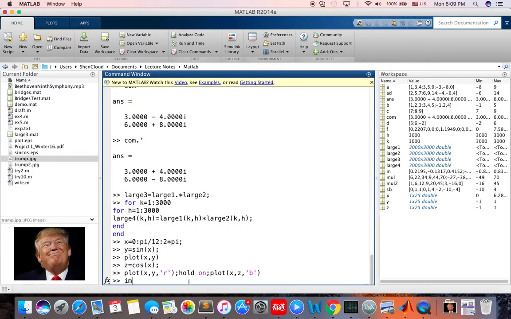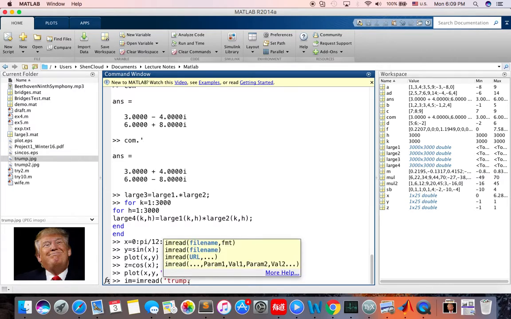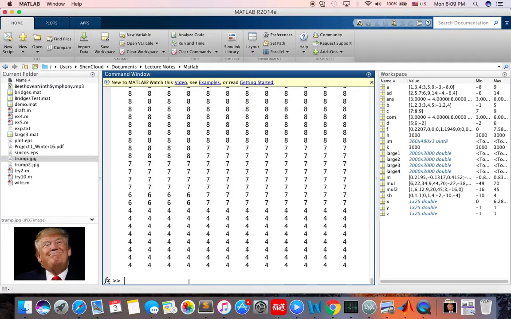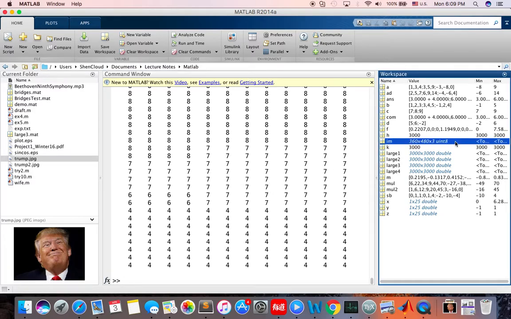So you can use imread with trump.jpg here. So you can see the image contains three matrices. Each matrix is one layer of the image. The first layer is the red layer, the second is the green, and the third is the blue layer.